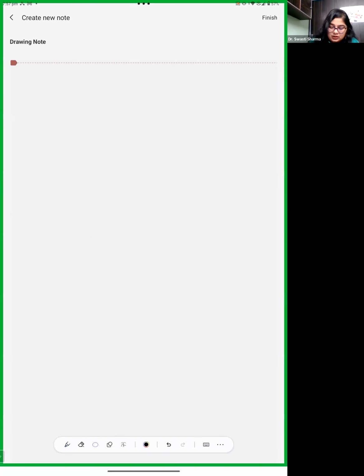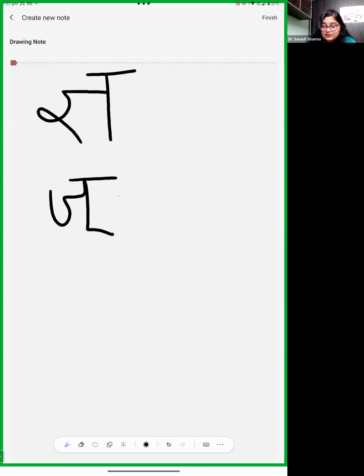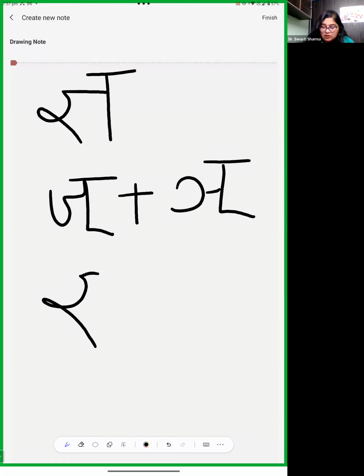Okay. So in Devanagari, we make it like this. And the letters which are joined in this one are ja and nya. Right? So how do we make it in the Sharda script? We make first of all ja.